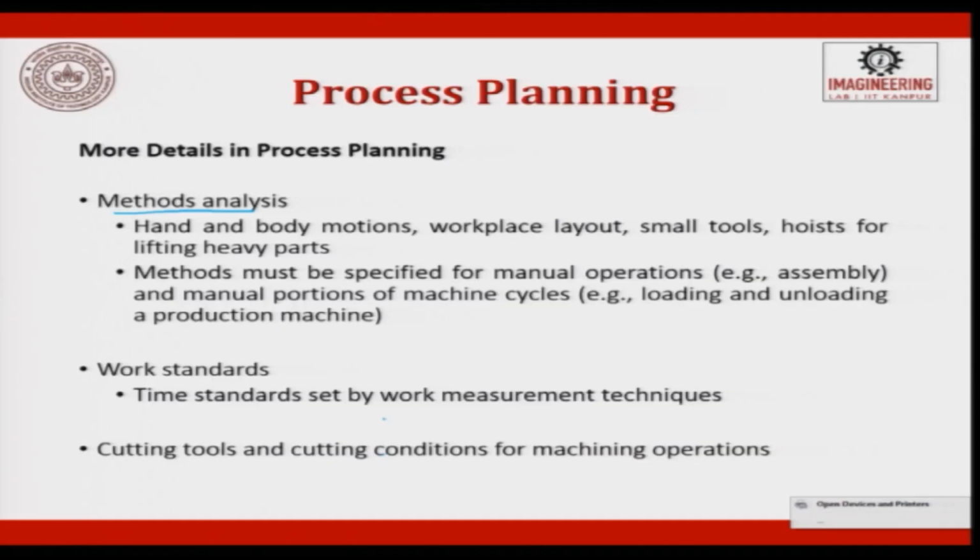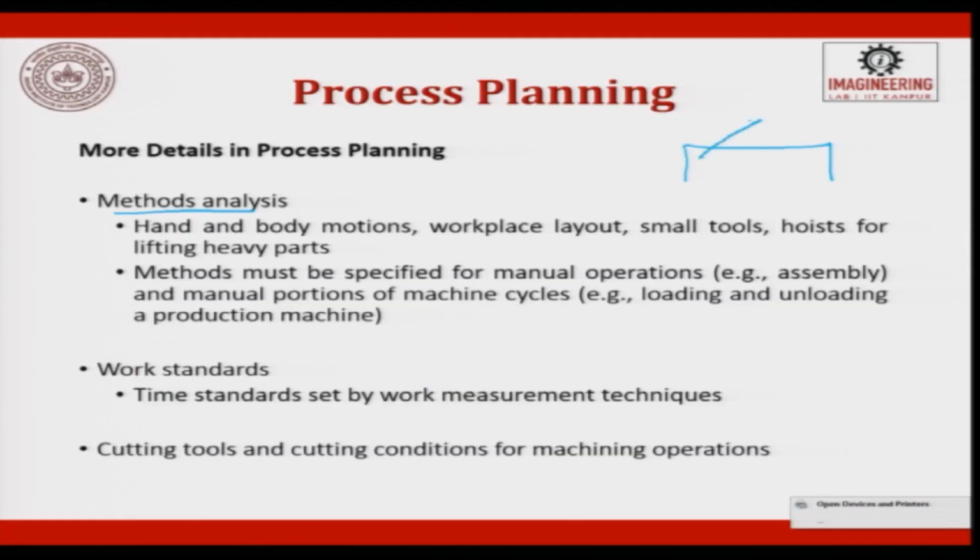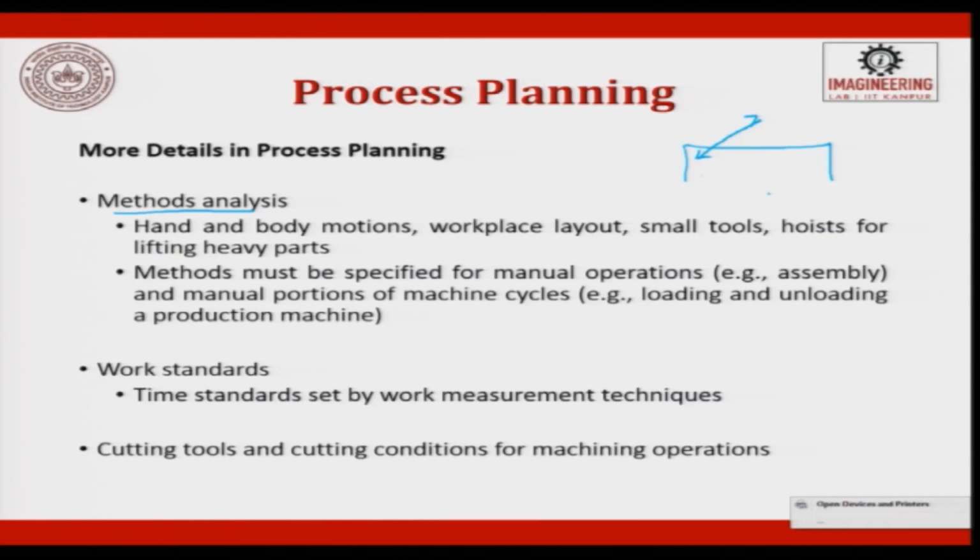So, we also do a method analysis of hand and body motion, workplace layout, small tools, hoists for lifting heavy parts, and how they are going to be placed near the machines. For example, an overhead crane will always come on a gantry layout, so it can only move across the factory layout. It can go to discrete parts, do a vertical lift, move towards the extreme end and then download. All these things we are supposed to think, and that is called methods analysis.